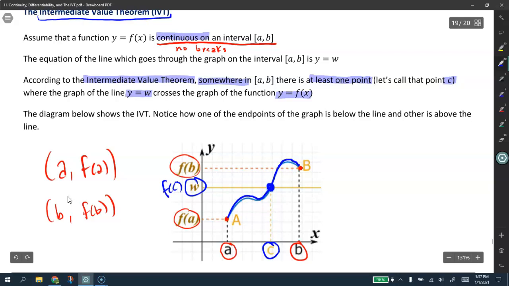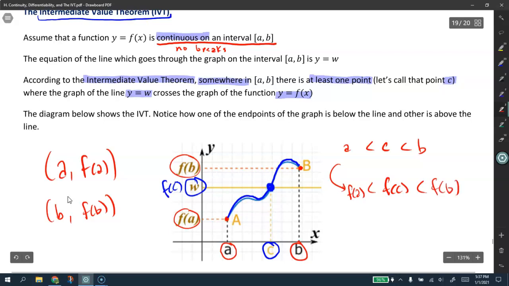A confusing way to state that there is some value C in the interval a to b, such that the function at C is going to be between the function at a and the function at b.